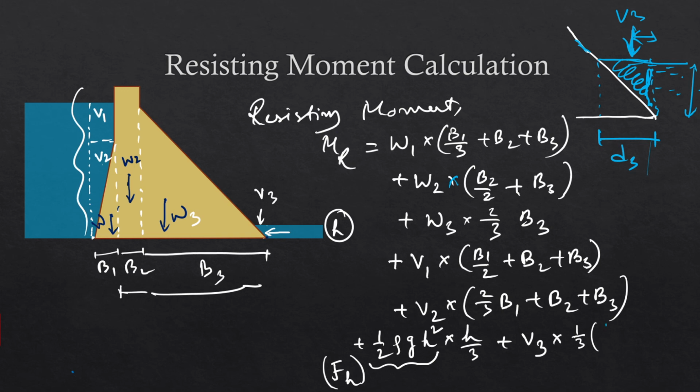Then it will be 1/3 of D3. So these are the forces and their moments which will be resisting the overturning.